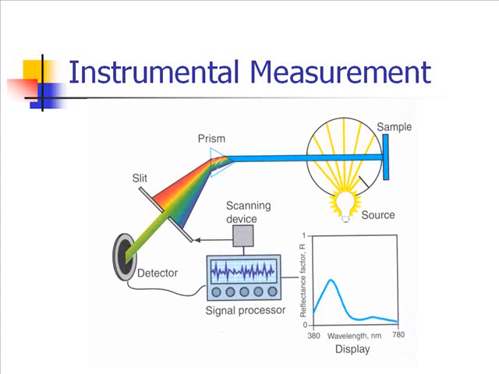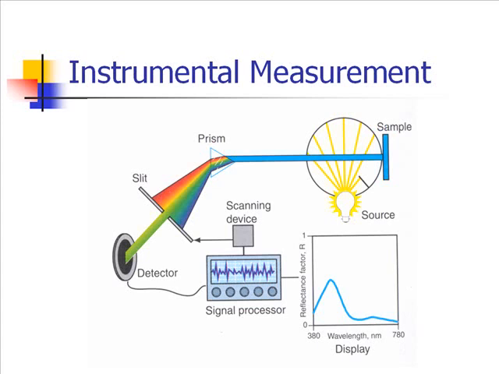The light hits the sphere, hits the sample, and then goes, in this case, to a prism. It breaks the light into individual wavelengths. This slit moves, and then it records how much light of each wavelength is present, and gives a graph of how much light it detected at each wavelength across the spectrum from 380 to 780.